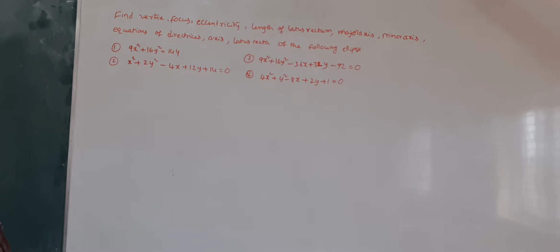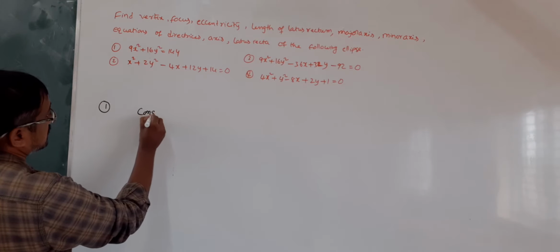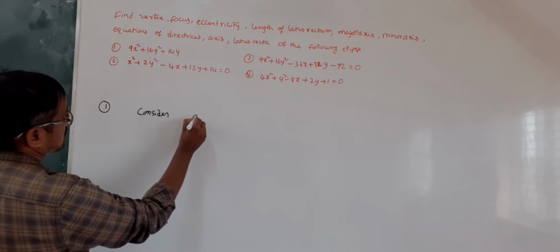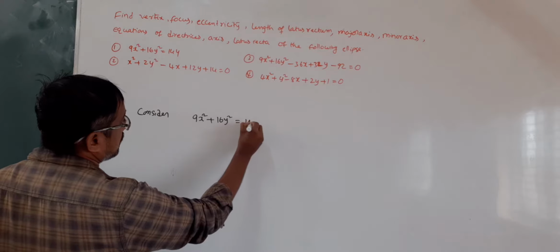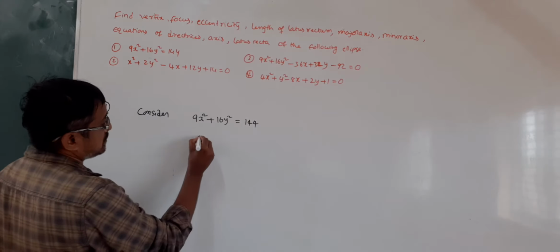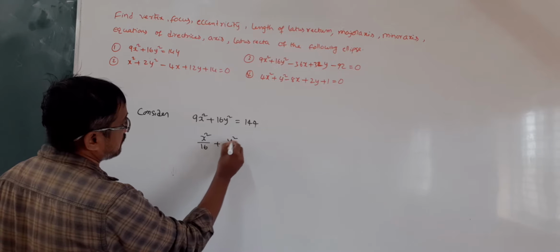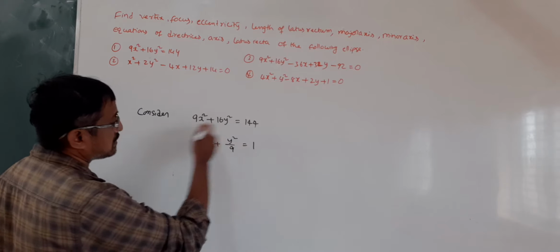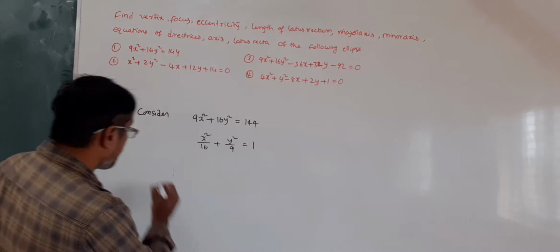So let us see the first one. Consider equation of ellipse 9x square plus 16y square is equal to 144. So this can be written as x square by 16 plus y square by 9 is equal to 1 by dividing with 144.